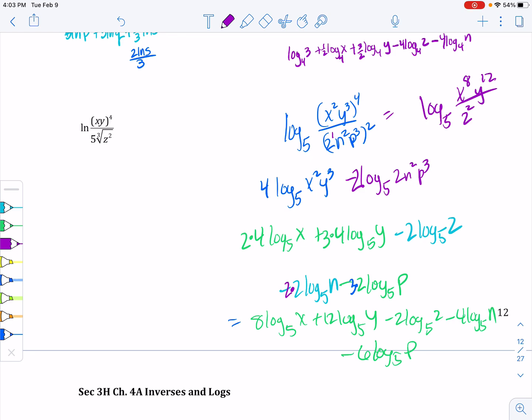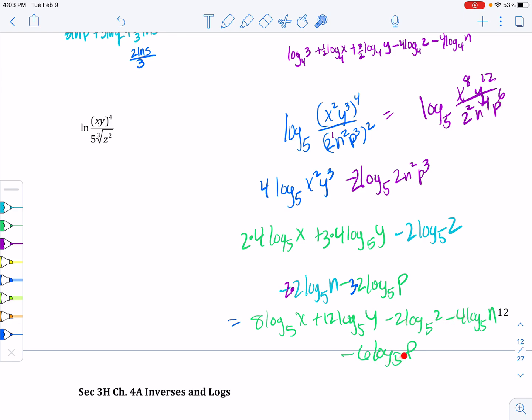Squared times squared, or n squared to the squared, is n to the 4th. P cubed to the 2nd is p to the 6th. So then notice, with our power, in front of the x it should have an 8. In front of the y should be a 12. In front of the 2 should be a 2. In front of the n should be a 4. In front of the p should be a 6.